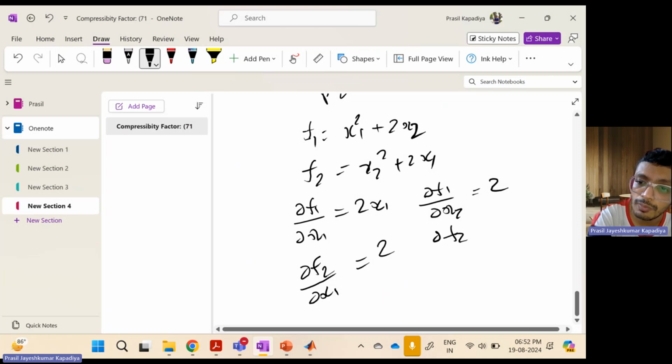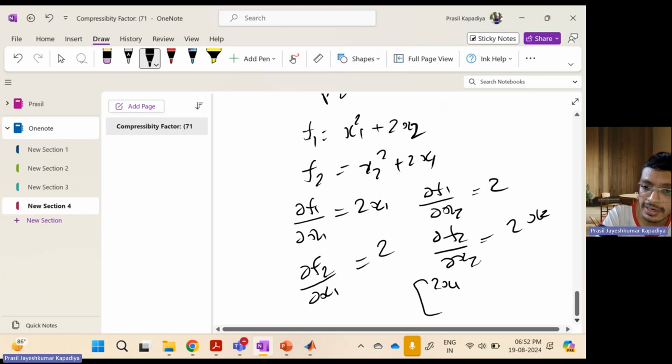Del f2 by del x2, first function with respect to all variables, then second function with respect to all variables, will be equal to 2 into x2. Correct? And my Jacobian matrix is del f1 by del x1, del f1 by del x2, del f2 by del x1, del f2 by del x2. This is my Jacobian matrix.